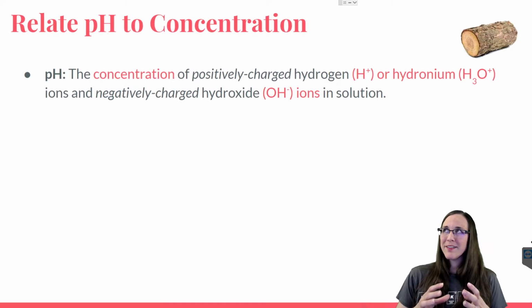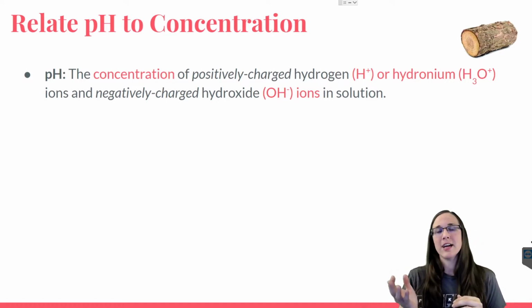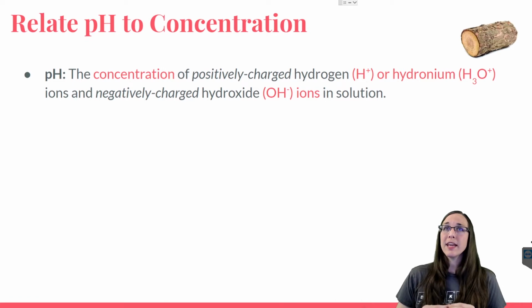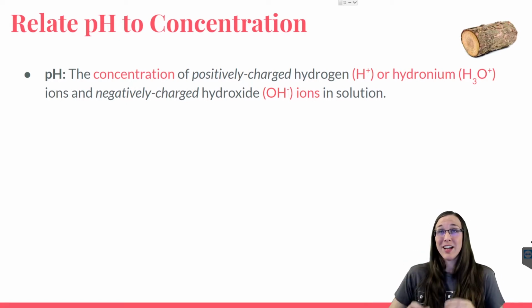Well, remember that for something to be neutral, like water, it has to have equal parts hydrogen ion or hydronium ion to equal parts hydroxide ions in solution. So pH is literally about the amount of hydronium ion relative to the amount of hydroxide ion in solution.